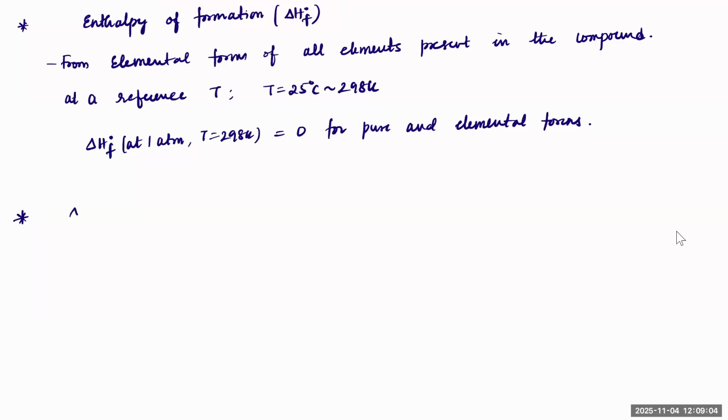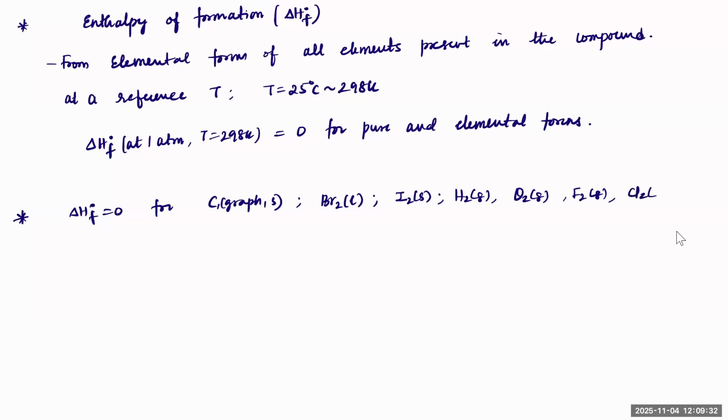For example, delta H of formation is 0 for which of the cases here? Carbon as graphite solid. Its delta H of formation is 0. Got it? Next, bromine in its liquid state. Next, iodine in its solid state. Next, H2 in its gaseous state, oxygen, fluorine, chlorine, and nitrogen in their gaseous states.